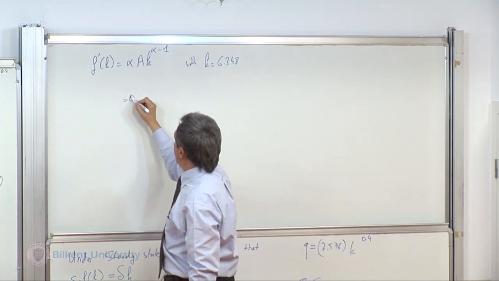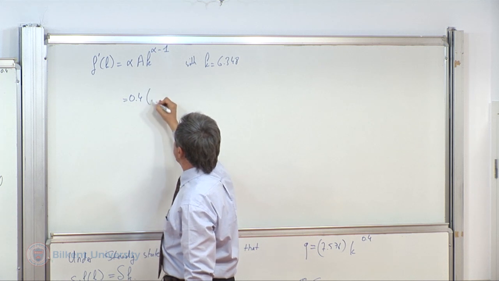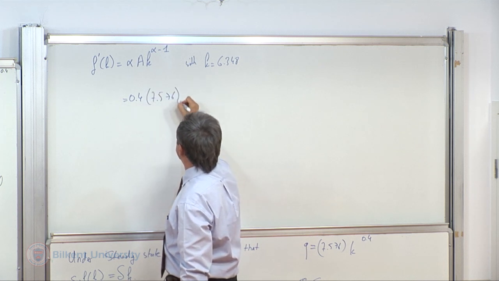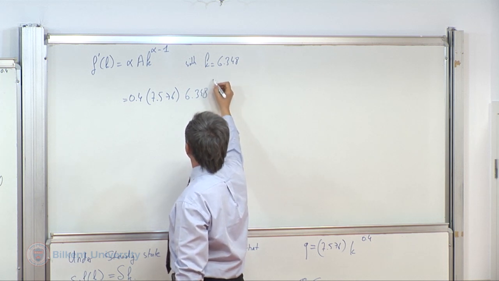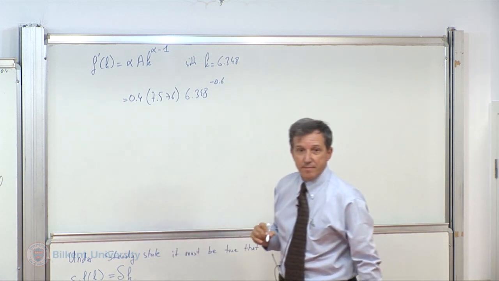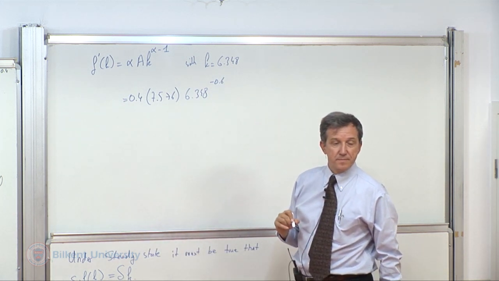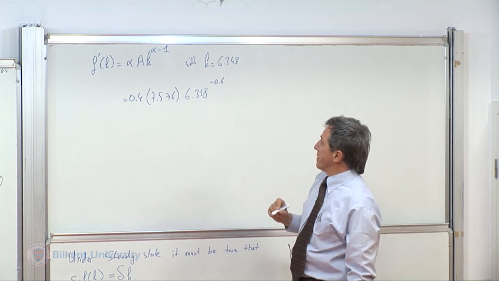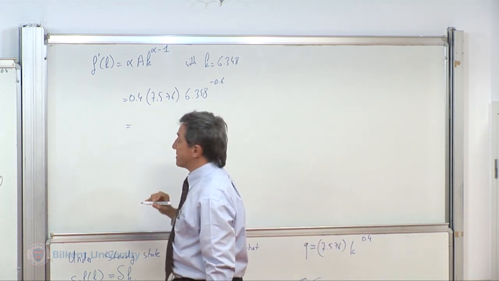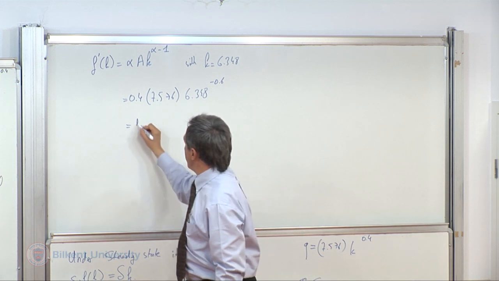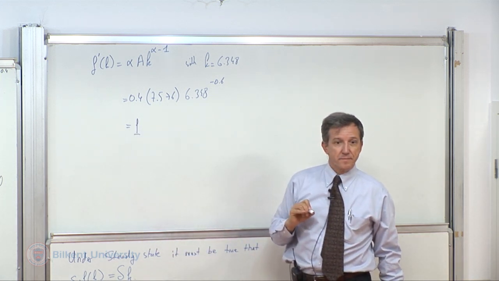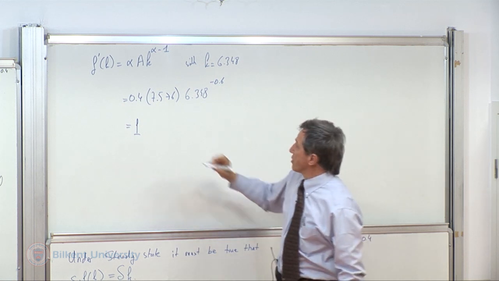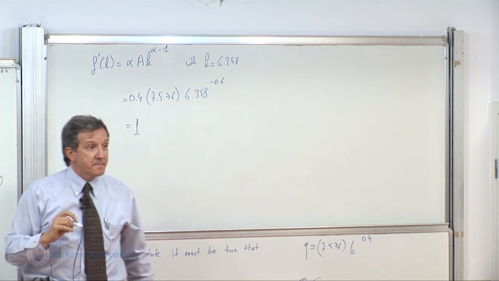So f prime is alpha 0.4 times 7.576 times 6.348 to the power minus 0.6. And if you calculate this, you must have 1, if you do all the arithmetic right.